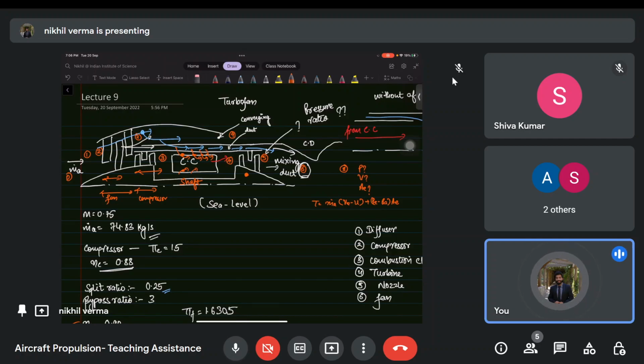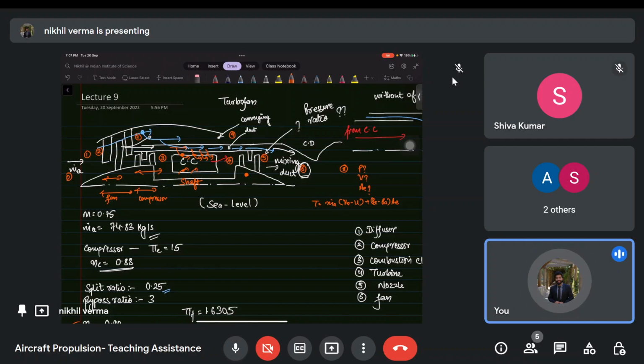Therefore, we require this stream. Also, this part is used to cool the turbine blades. In an actual case this part is known as bleeding, and there are some dilution holes in the combustion chamber. So this part is used for the cooling purpose.